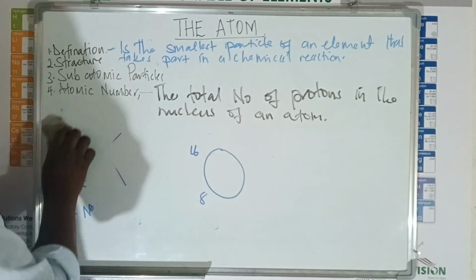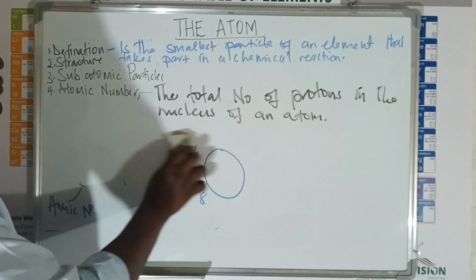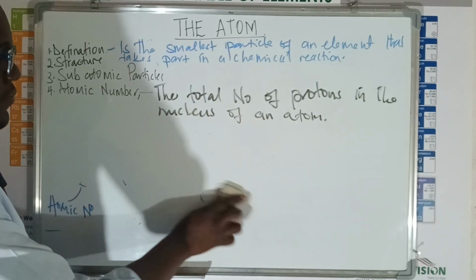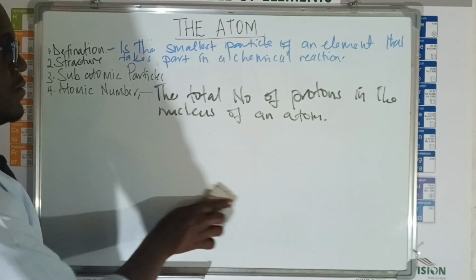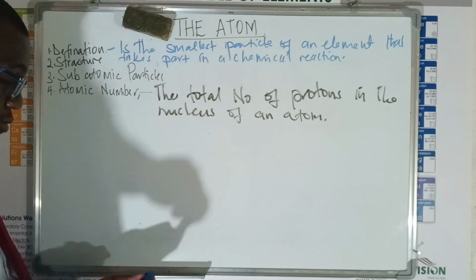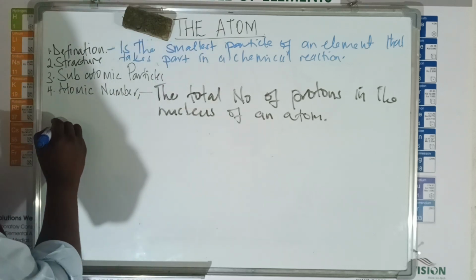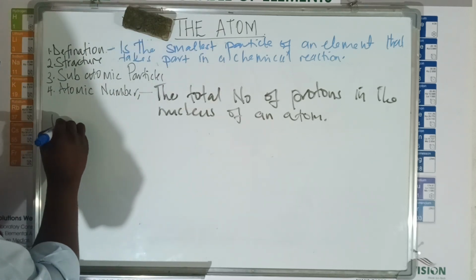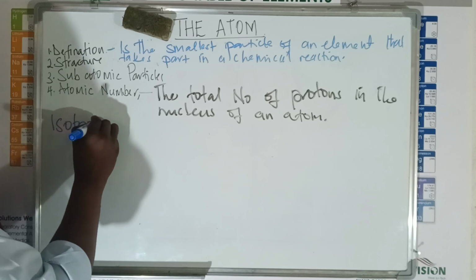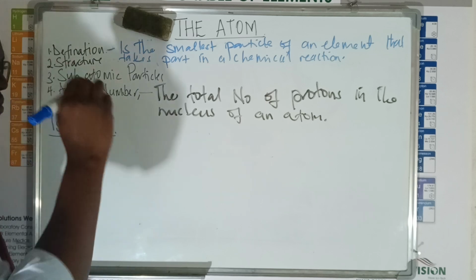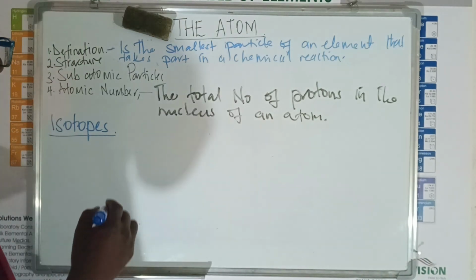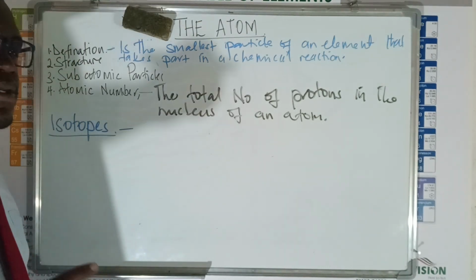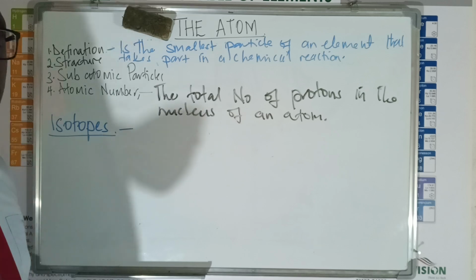Now the next thing we want to look at is what we call isotopes. Now, isotopes are defined as atoms. You must use the word atoms when you're defining an isotope.